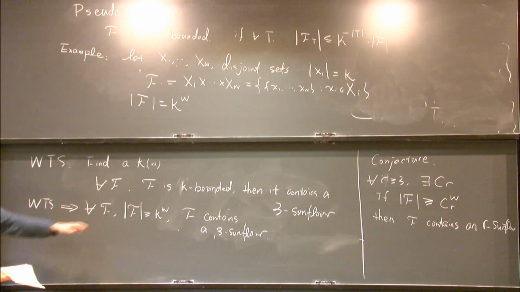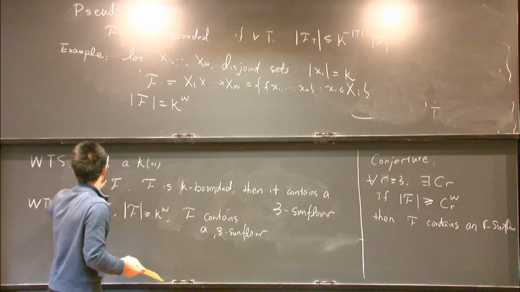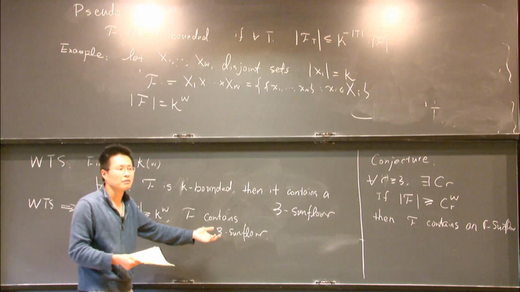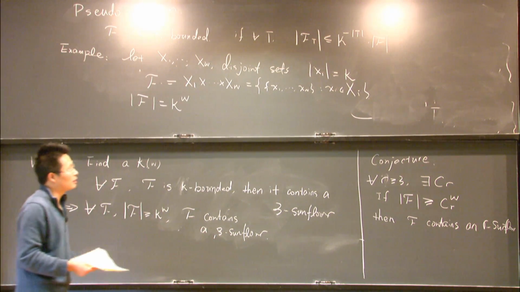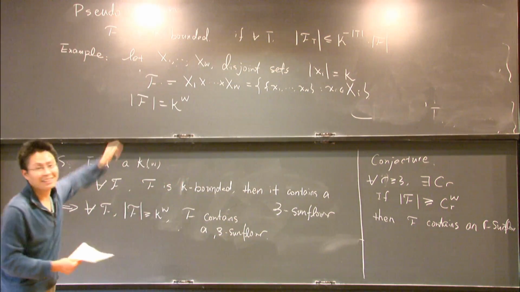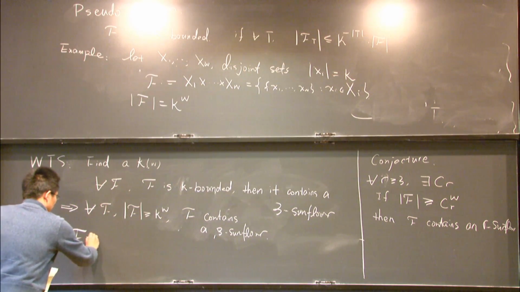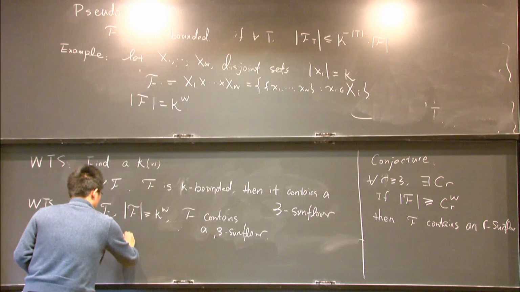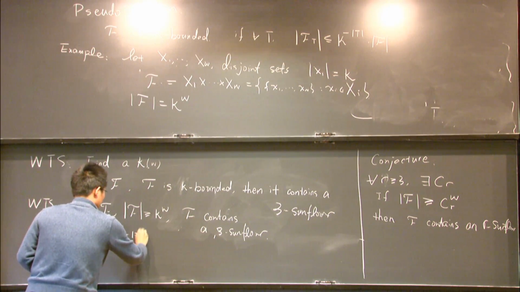In one case, it is kappa-bounded, and then by this hypothesis it contains a 3-sunflower. Otherwise, by the definition, if it is not kappa-bounded, we can find a set T such that |F_T| is larger than kappa to the minus |T| times |F|.